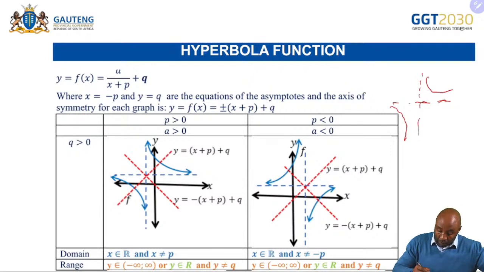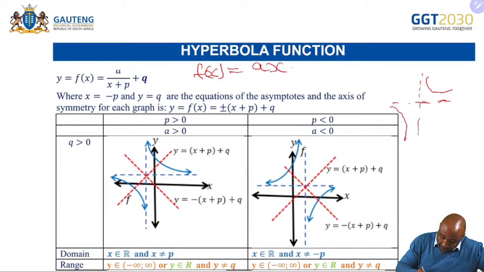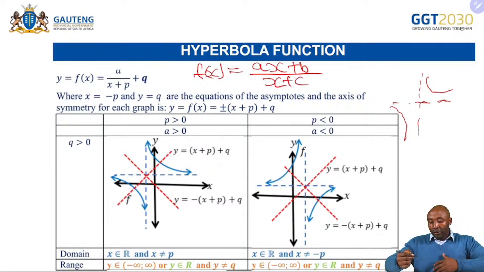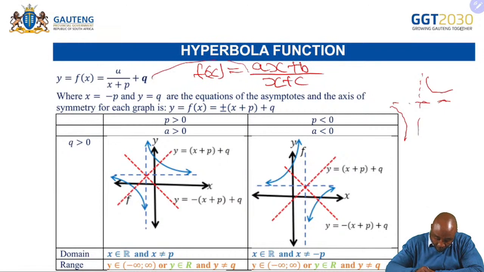But I want to bring to your attention also that sometimes we can be given a hyperbola equation given as ax plus b over x plus c, something like that. You will then have to move from this form to that form for you to easily manipulate the question.